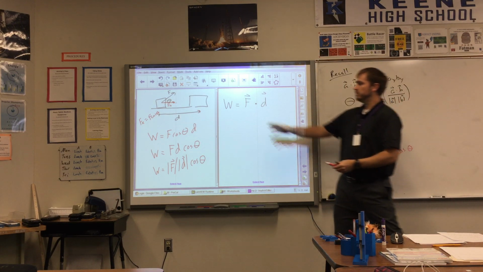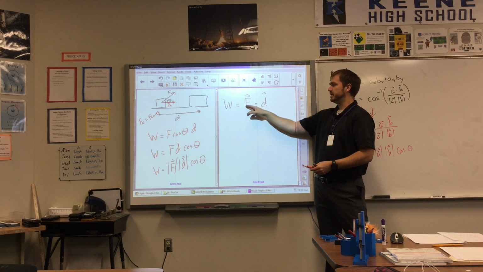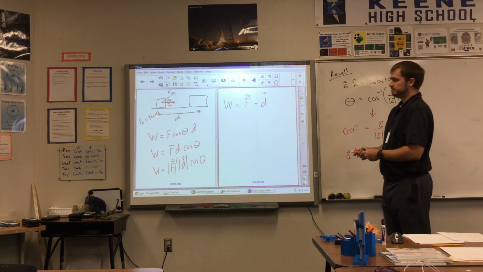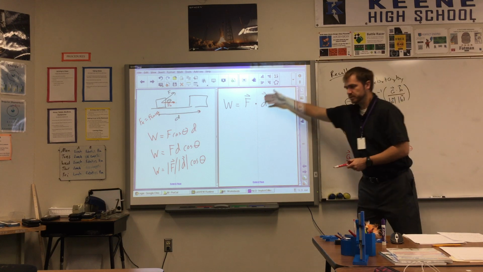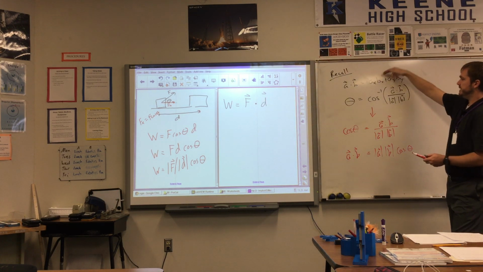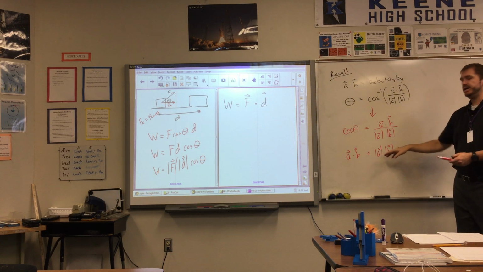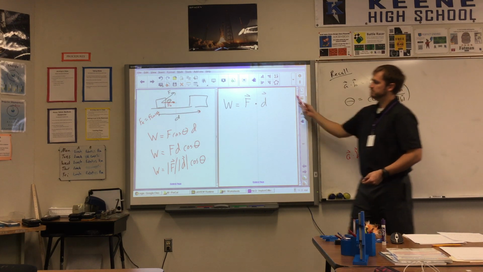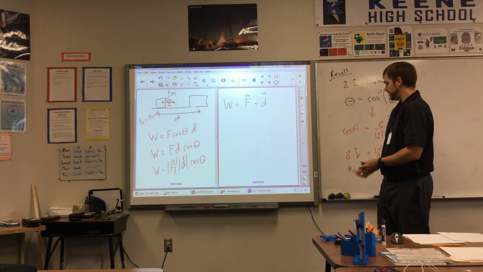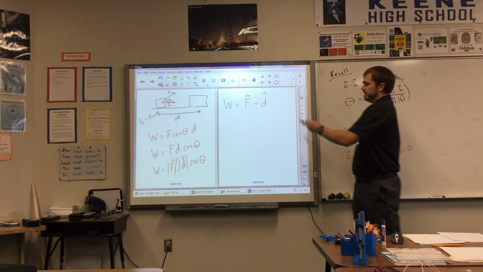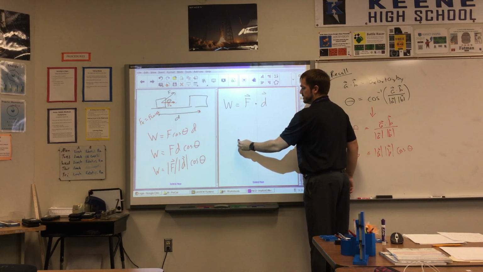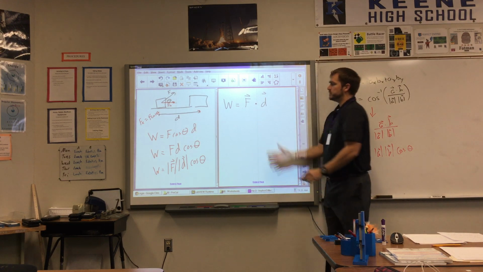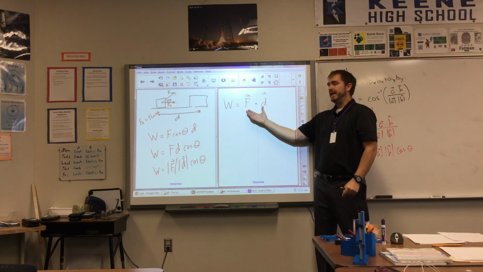Let me say it again: the work done is equal to the dot product of the force vector and the displacement vector, which you could write as AxBx plus AyBy, or as the magnitude times the magnitude times the cosine of the angle. That's kind of an interesting thing. The advantage here is that this will work every time.